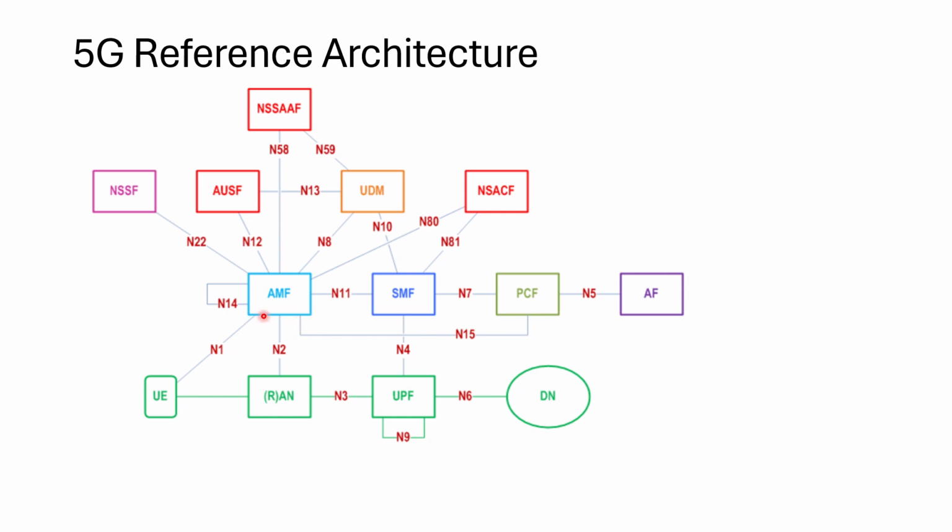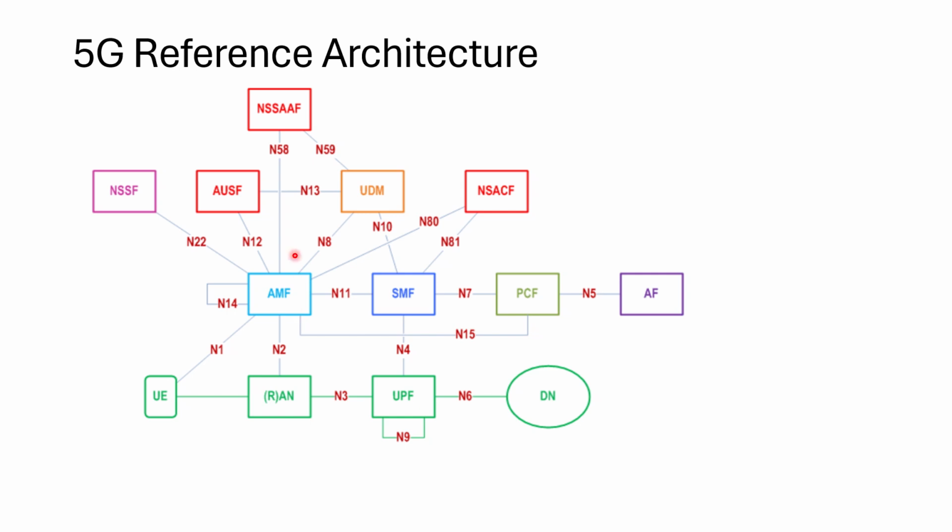Then we have the authentication, state, and policy nodes. We can see here UDM, PCF, AF, and AUSF. These are the nodes. Now we have the N12 and N13 interfaces. During an initial attach, the AMF talks to the AUSF over the N12 interface to initiate authentication.